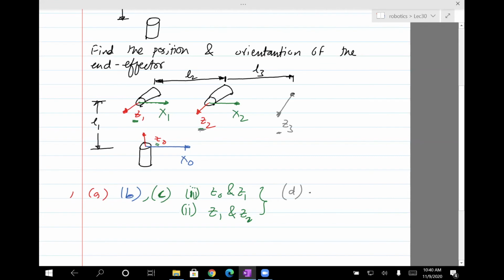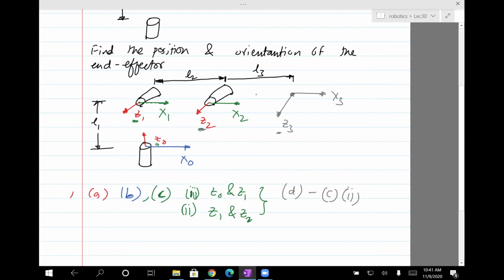So when you do D, you have to go back to C and then see that they are parallel to each other, which is going for step number 2, which is the Roman 2. And that means we need to assign X3 to be in this direction, right? So that it intersects X2 at the origin.